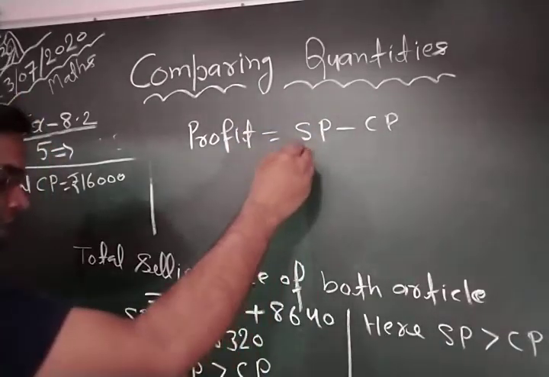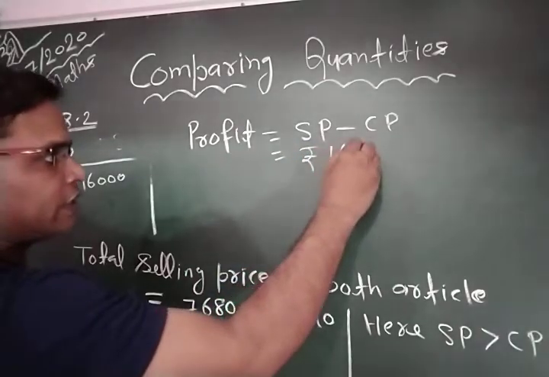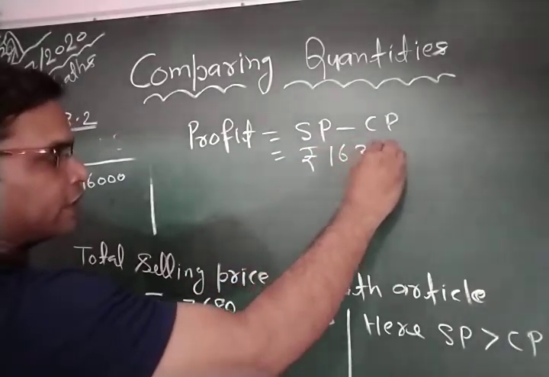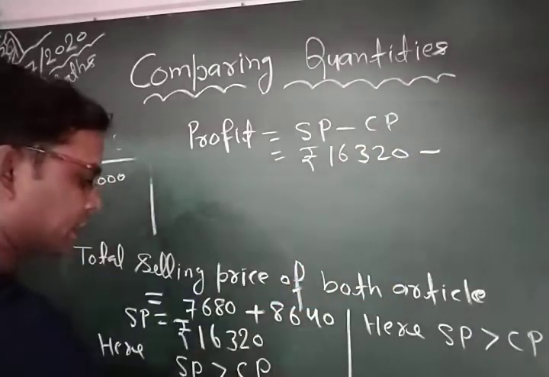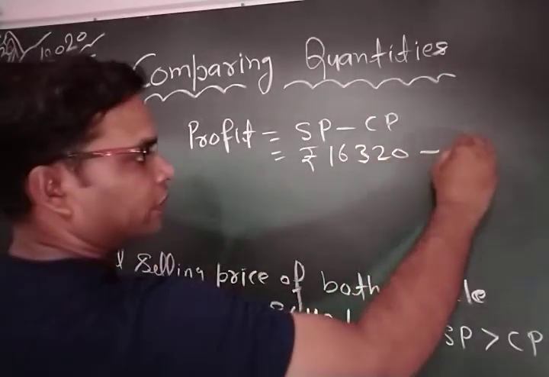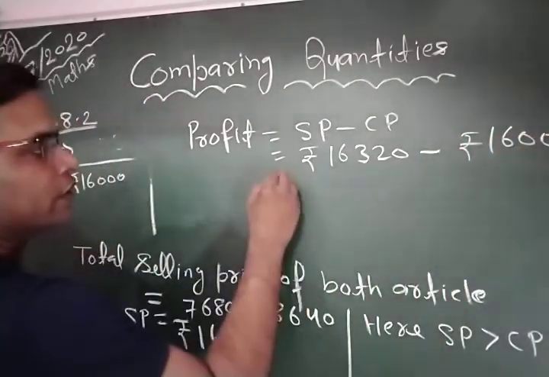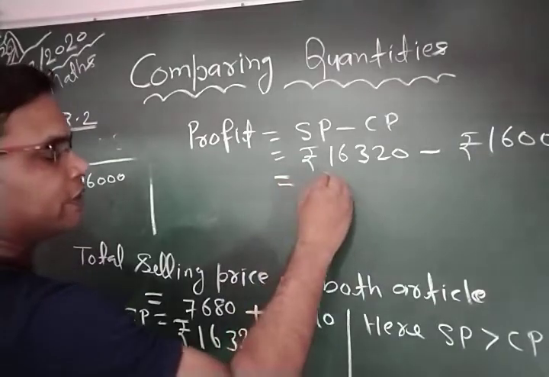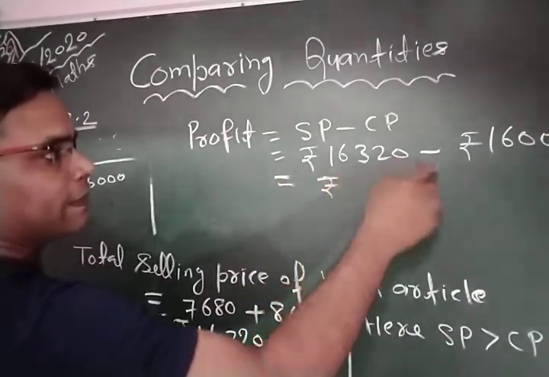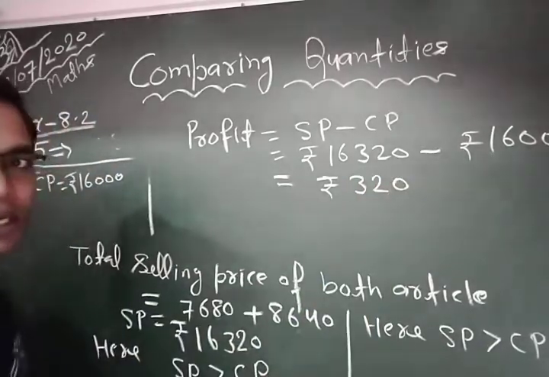Selling price is rupees 16,320, and cost price is 16,000 only. So in this way we find profit is 320 rupees.